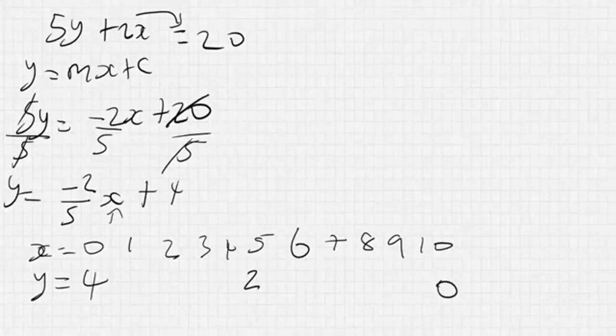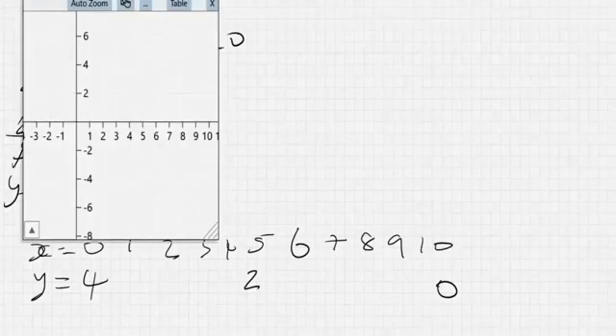So let me go ahead and get the graph. The scale of this graph will be 1 cm represents 1 unit on the x-axis and 1 cm represents 2 units on the y-axis. That's the scale I'm going to use, because in this output of y, I'm having 2, 4 in that order, not 1, 2, 3, 4 like in the previous exercise. So this is how the graph will look.